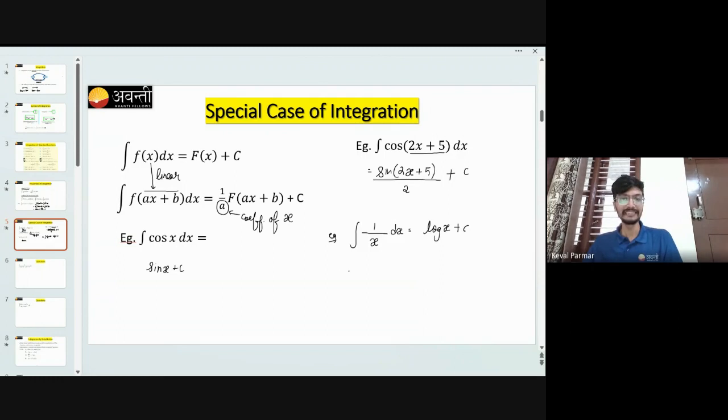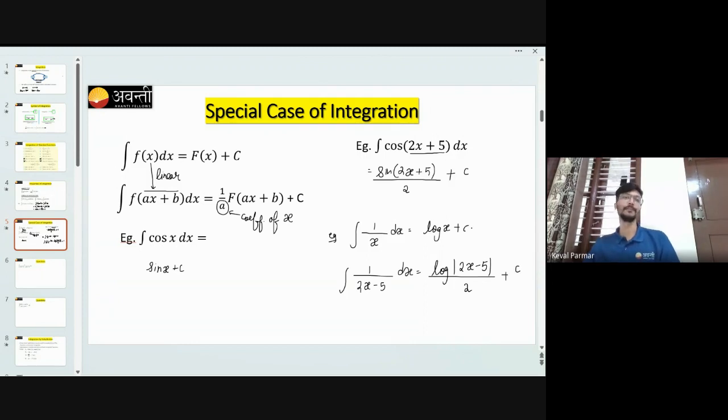So if I write integration of 1 upon a linear term, suppose say 2x minus 5, the formula will remain the same. Log of 2x minus 5. We just have to divide by the coefficient of x, which is 2, plus c. I hope it is clear now.